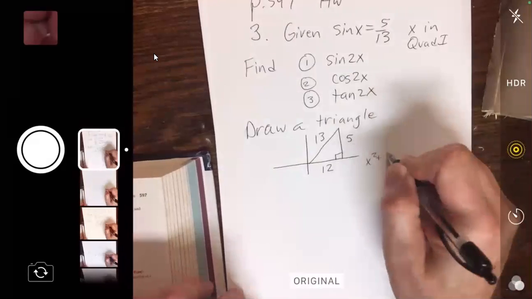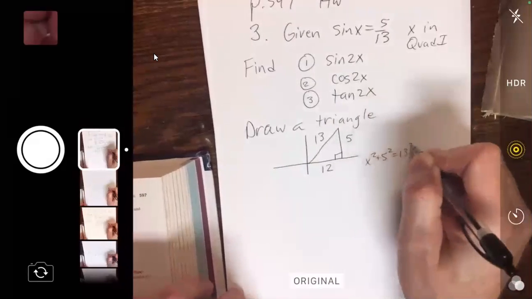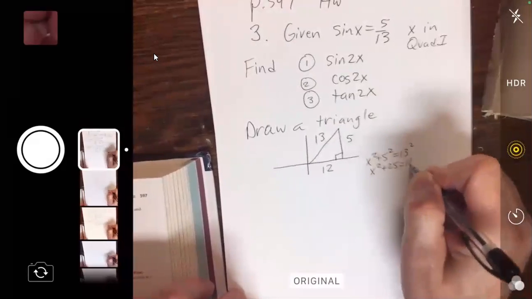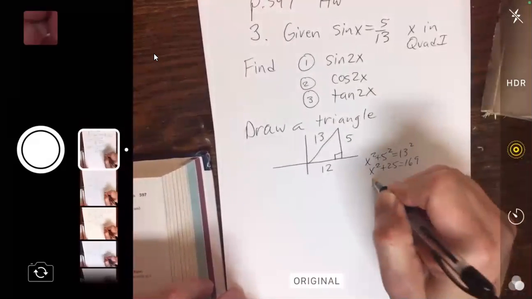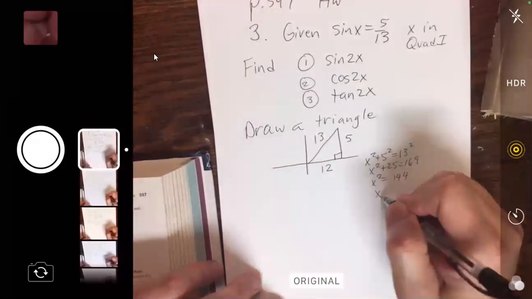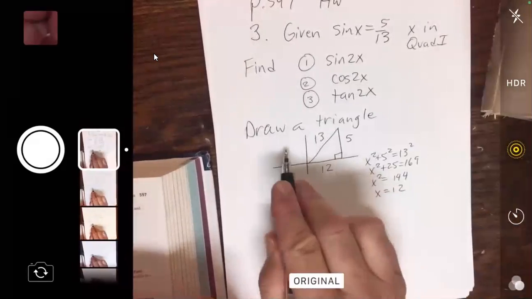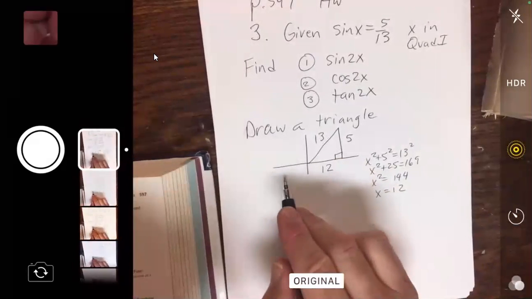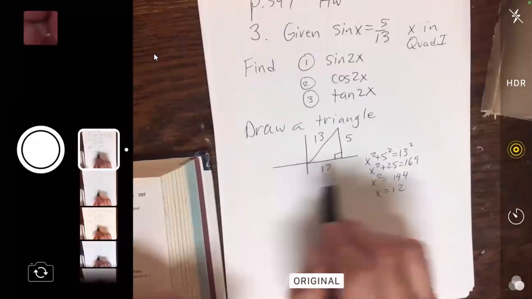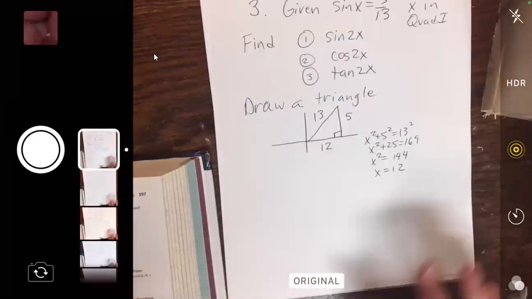X squared plus 5 squared equals 13 squared. X squared plus 25 equals 169. X squared would equal 144. So x is 12. Now, if it was, say, quadrant 2 or 3, it'd be a negative 12. The triangle would be over here or here. But if it's quadrant 1 or 4, that x side's positive. Okay, it's just plug and chug.